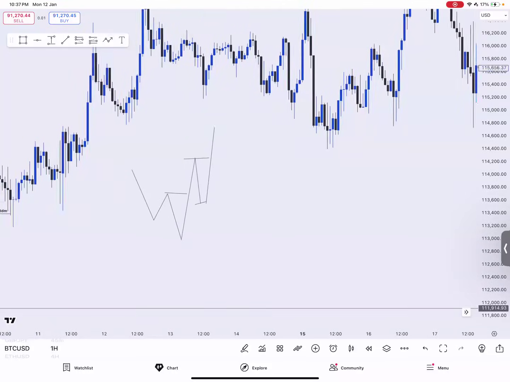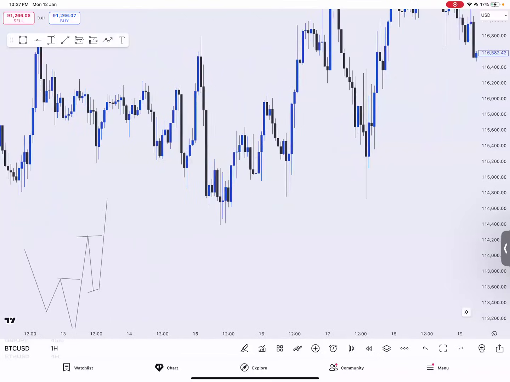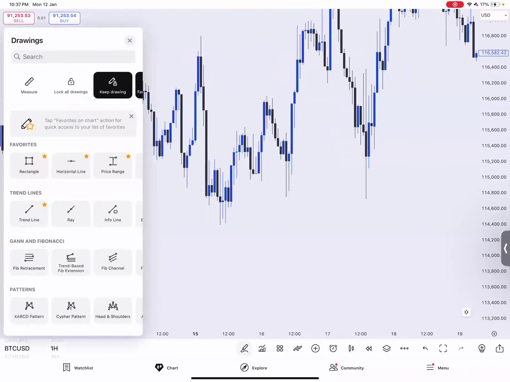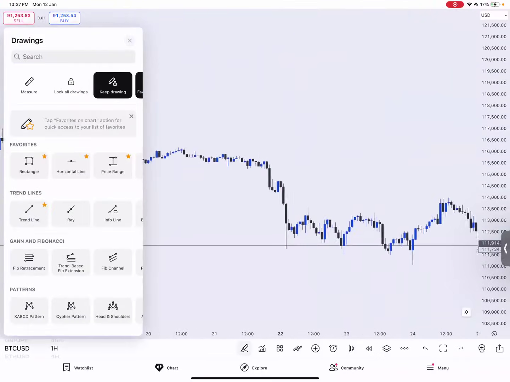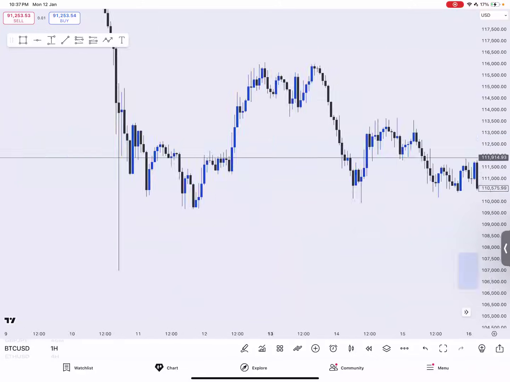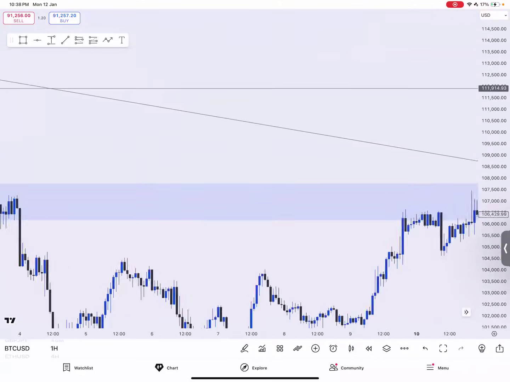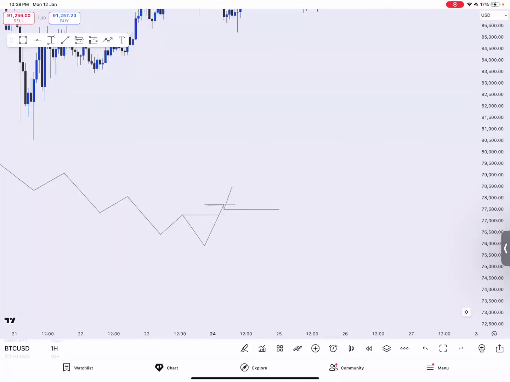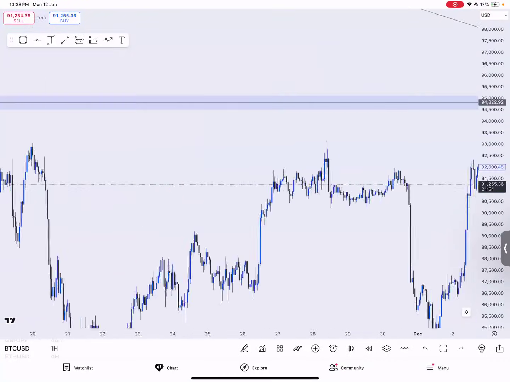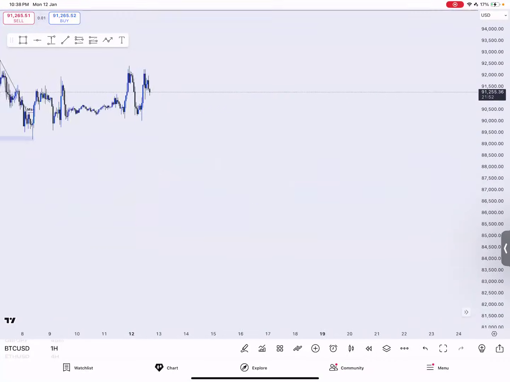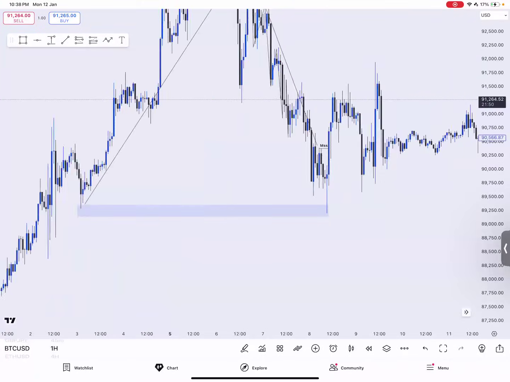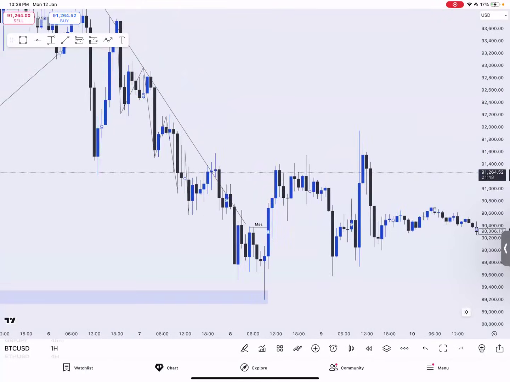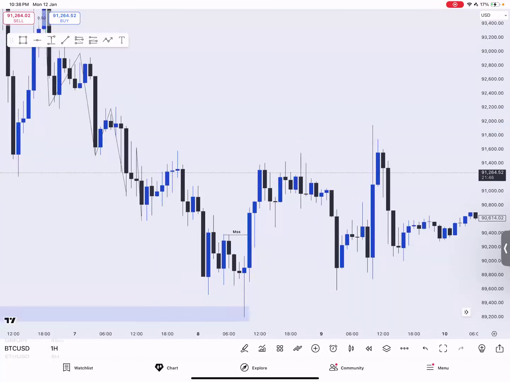A single candle retracement is something like this. After you've gotten the MSS, which is here, this is the MSS.